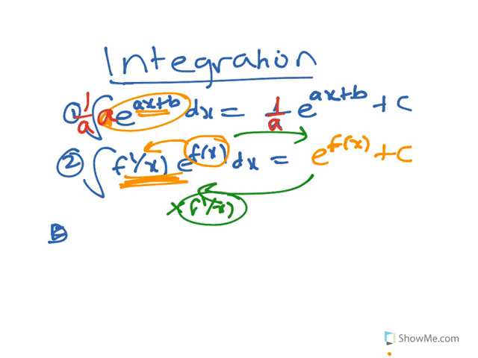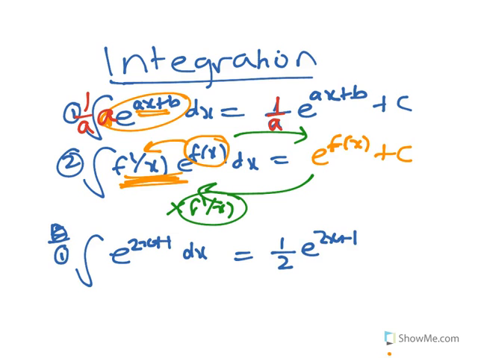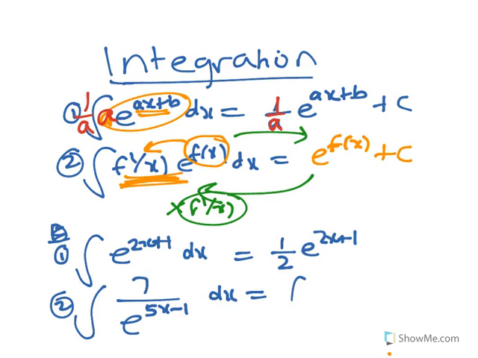Okay, so now if you're asked to integrate, say, e to the 2x plus 1 dx, then you would go 1 on 2 e to the 2x plus 1. Okay, if it is 7 over e to the 5x minus 1 dx, then you're going to have to bring that up to the top.